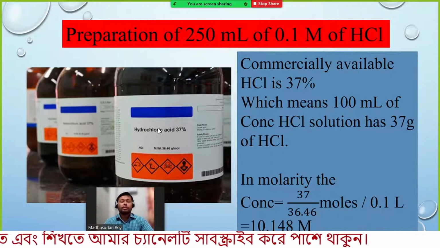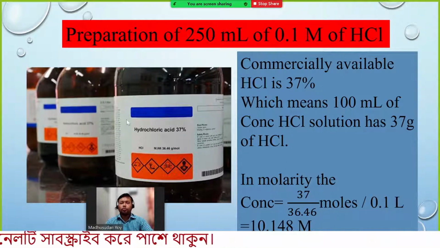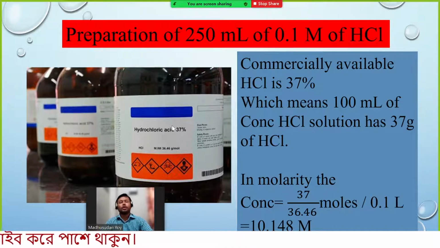Then what does 37% concentration mean? If you purchase a bottle, maybe 2 liter or 4 liter, or 1 liter, whatever, and the value is mentioned as 37% hydrochloric acid, what does it mean?